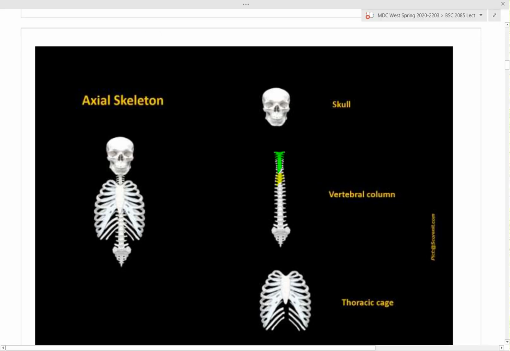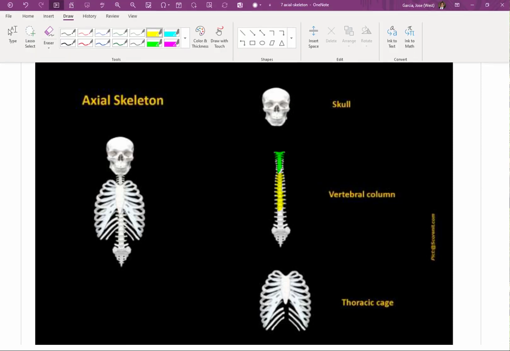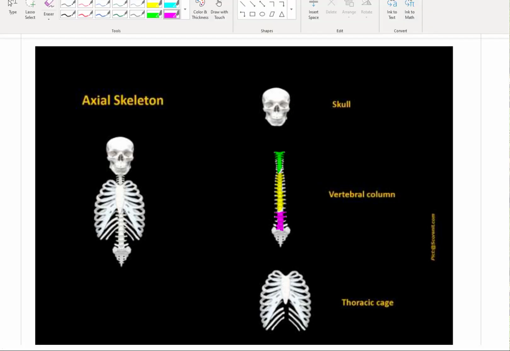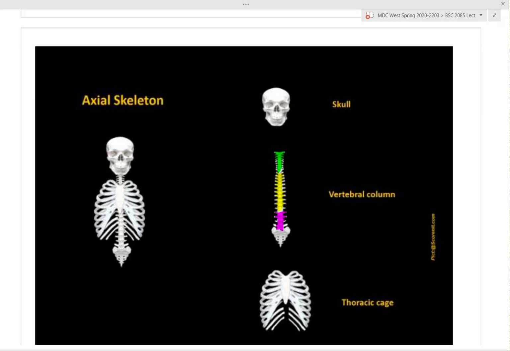Cervical, thoracic, lumbar, and finally, I'm just trying to make impact here with the colors, but it takes a long time for this to respond. So the sacrum, right? Everybody got it. Right.